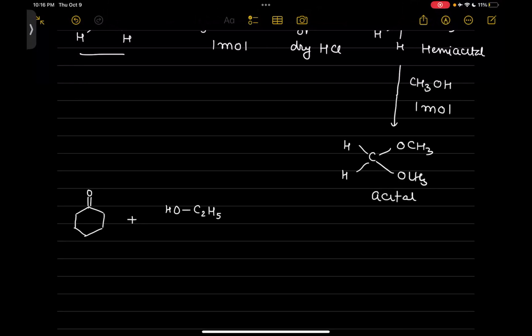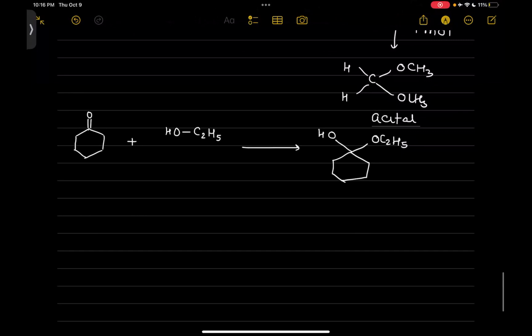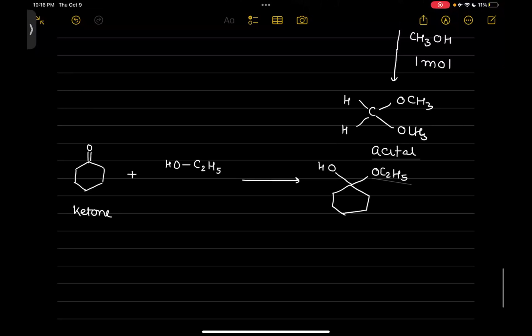So if I react with 1 mole of ethanol, this double bond will change to OH and ethanol will bring in this OC2H5 on the carbon atom of the ketone. This was a ketone, so you will have this. Got it?